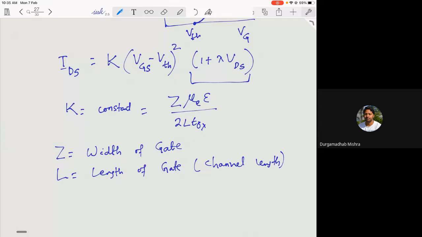Sometimes you cannot compromise too much, because if you change Z and L a lot, the fabrication process can go wrong. So these parameters are normally not varied so much during the fabrication process. This is a geometric dependence, so they are not material dependent properties.